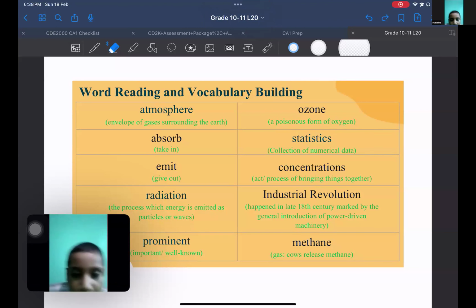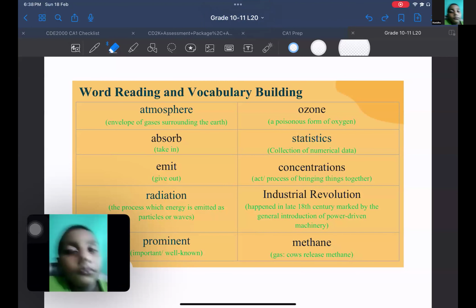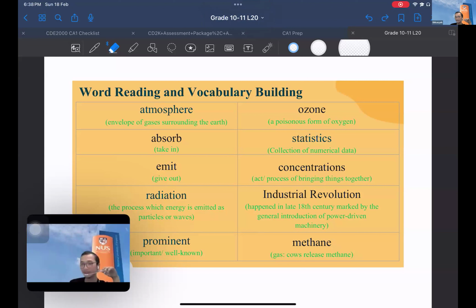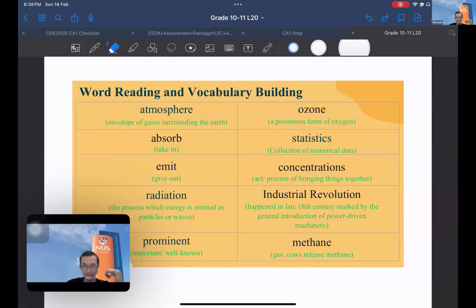Or in the Earth's atmosphere, 78% is comprised of nitrogen, and the other 22% is mainly oxygen and some other gases like carbon dioxide, hydrogen, etc. Those are examples of statistics.